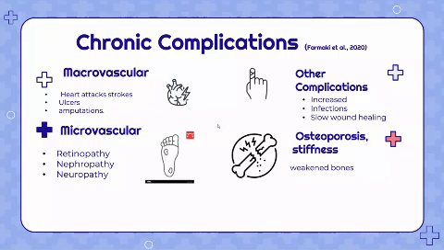These complications are affecting both large and small blood vessels, as well as bone health, if not treated properly. And for the next slide, my colleague will be discussing the diagnostic test.